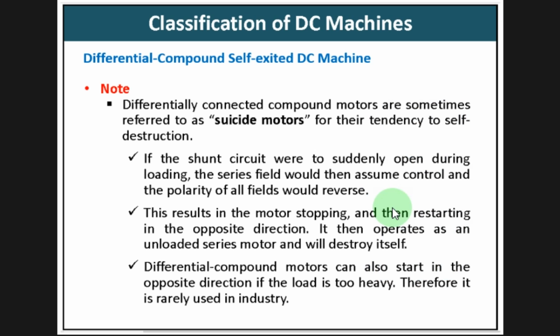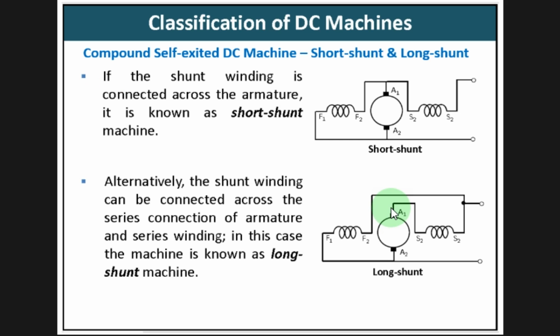So we discussed the different characteristics of these connections, and then we said that for these compound machines, the field coil can be connected in two different ways.